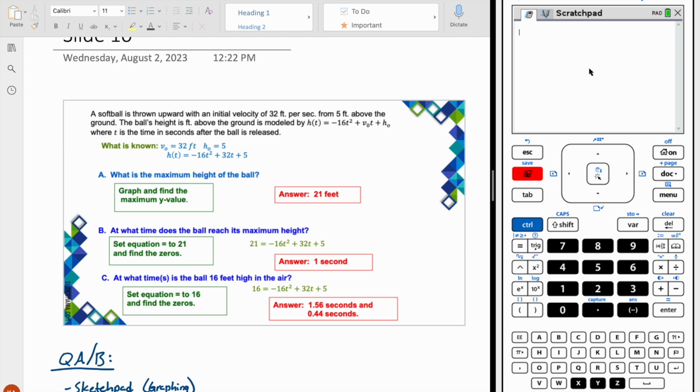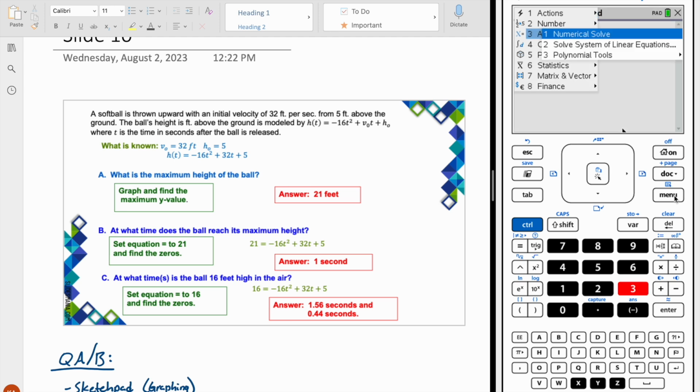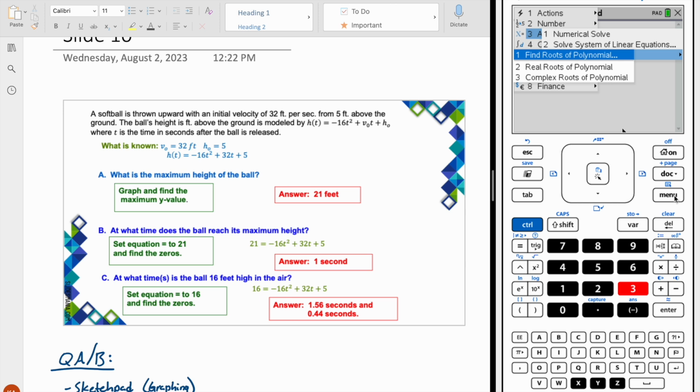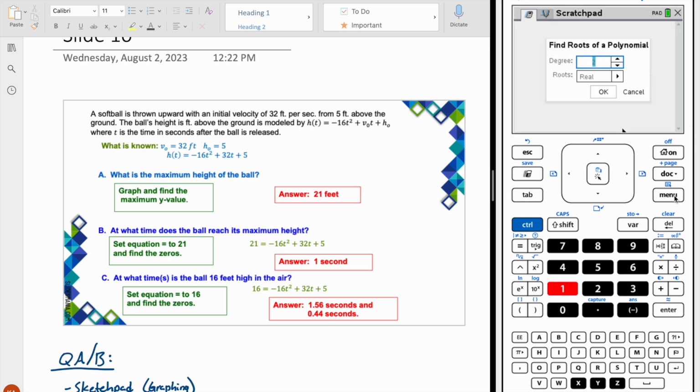And what we're going to do is go to menu. We're going to go to algebra, which is 3. Polynomial tools, 3. And we're going to find the roots of a polynomial, 1.